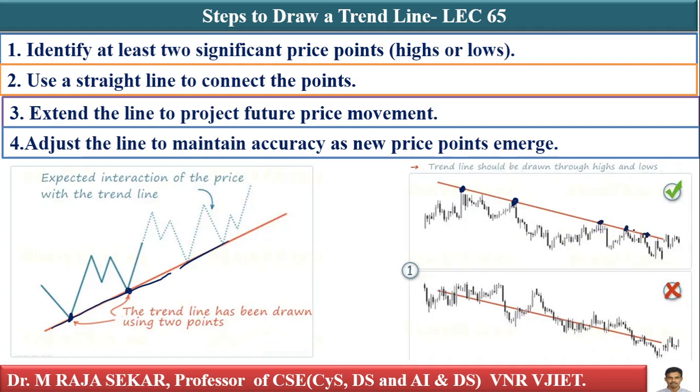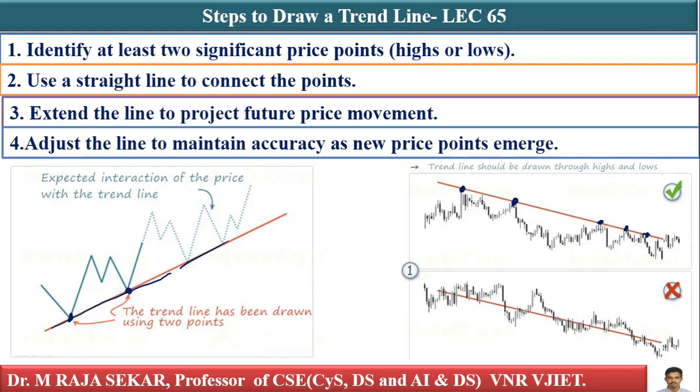A trend line is drawn by connecting two or more significant price points. Those significant price points are known as quotes. How are quotes related to trend lines? A trend line is drawn by connecting two or more significant price points, which are known as quotes.